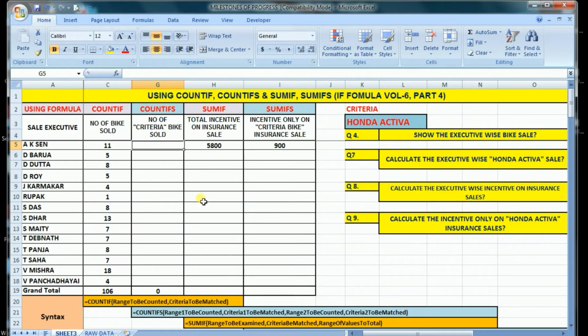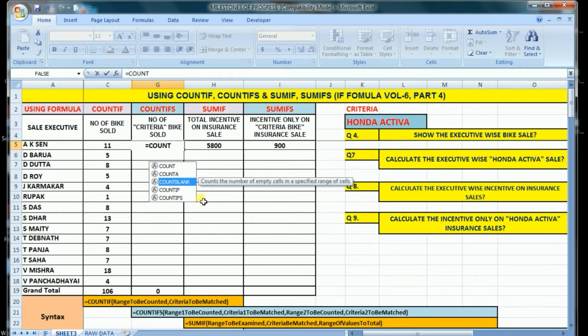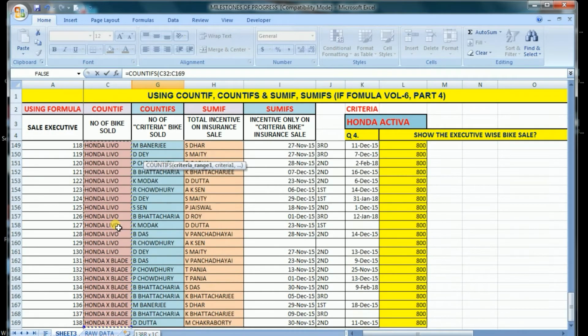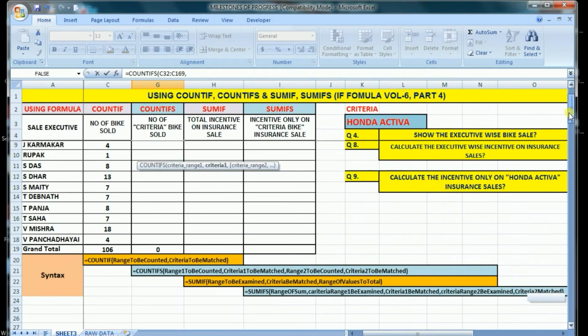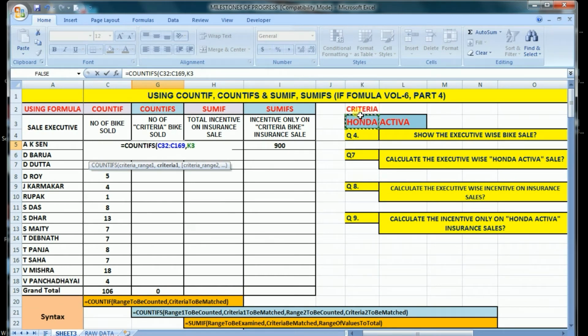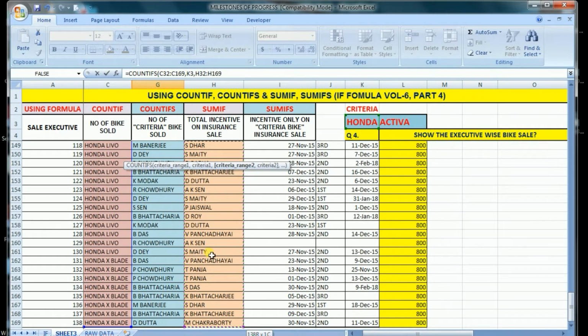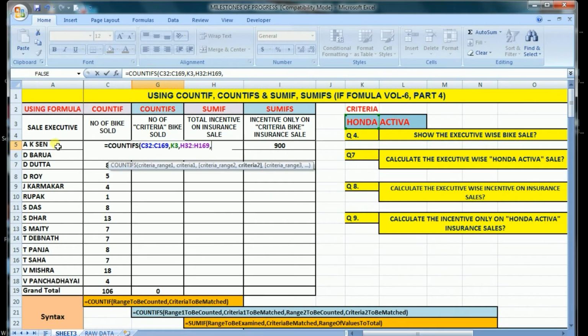Let's start with the formula, equal to Countifs. For the first criteria, we have to select the range of the bike sold, and then the criteria is here, Honda Activa. This I have mentioned already. Then the second criteria is among the sales executive, how many AKSN are there.